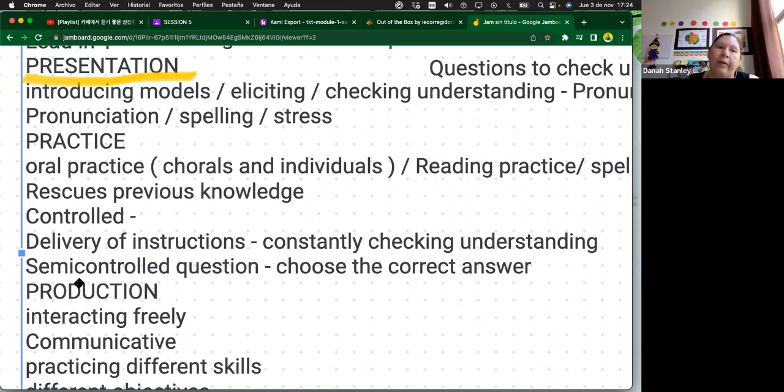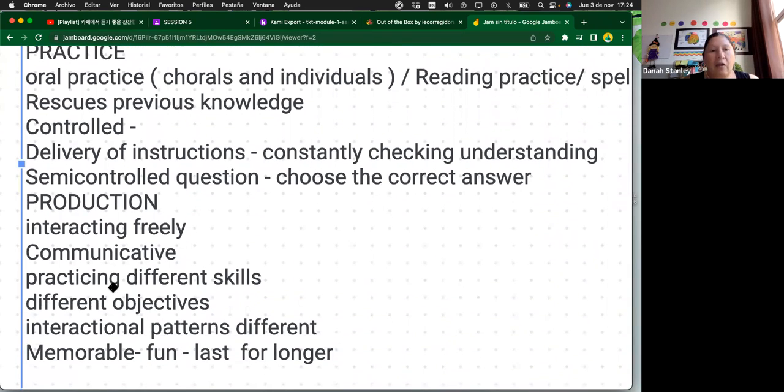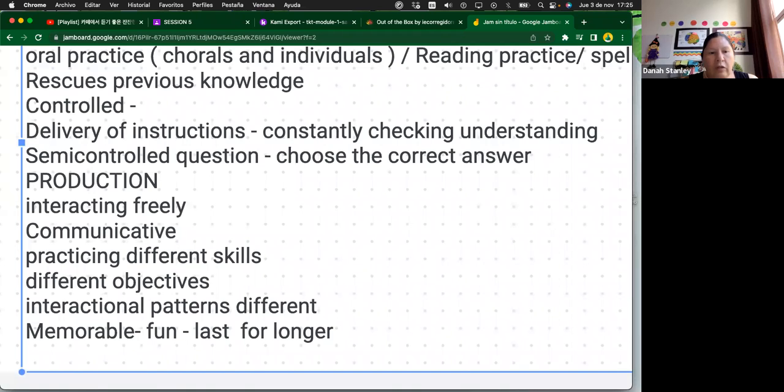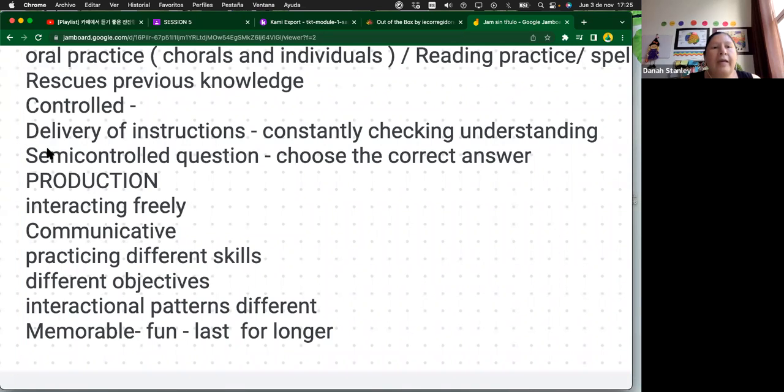So that is very, very controlled. Something else that I noticed, and I don't know if you consider them important, is the delivery of instructions. When he delivered the instructions, he was constantly checking, asking them, so he could make sure that the students got all the instructions he was giving.